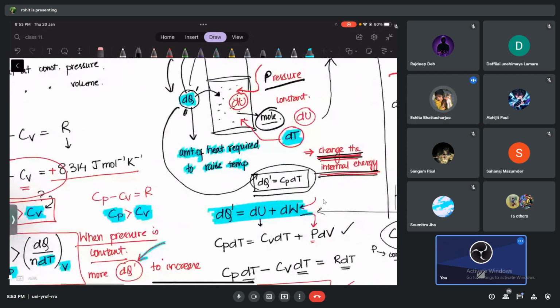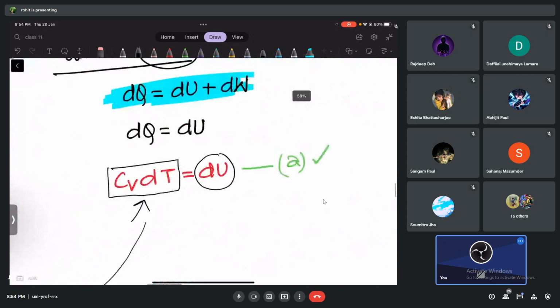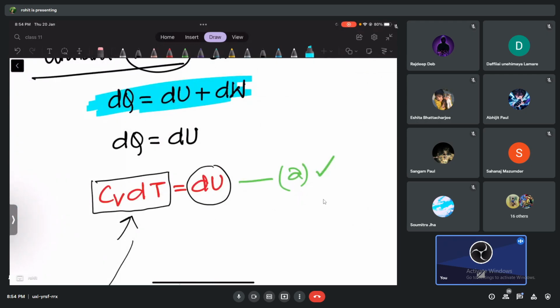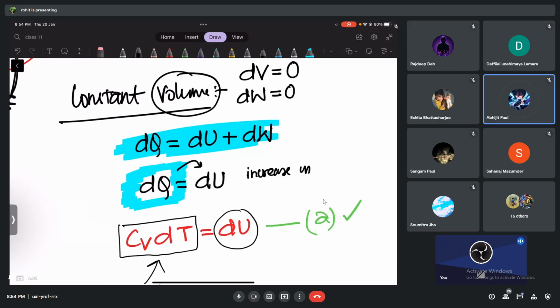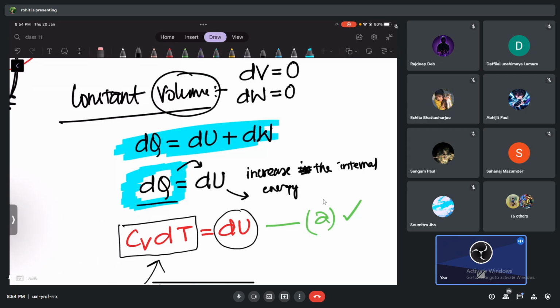Yes or no? Look here: with constant volume, all the heat given to the system goes into increasing the internal energy. That means all the heat will directly increase what?